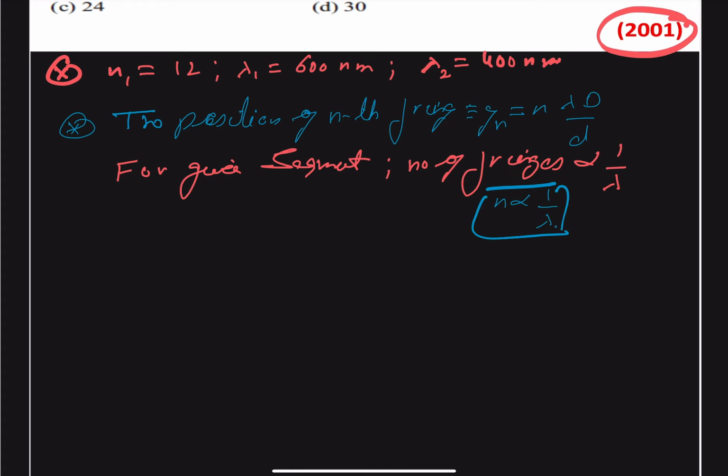Using this for both cases, n1 lambda 1 is equal to n2 lambda 2.